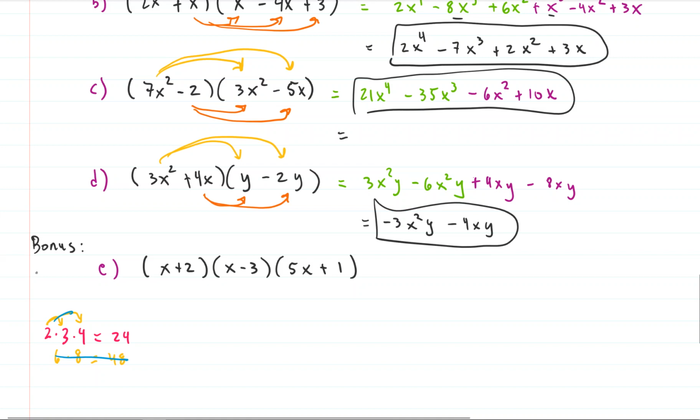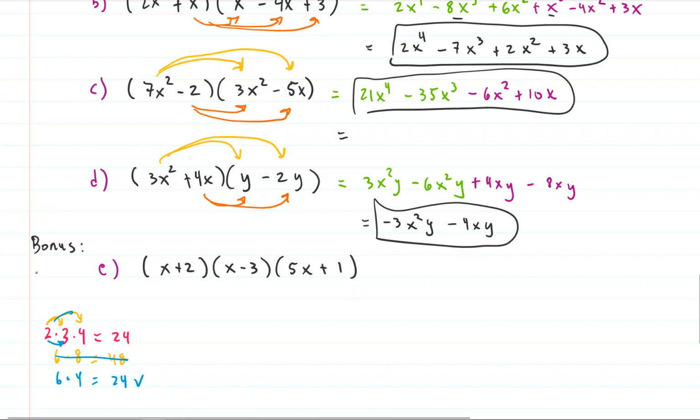What we did was we took 2 times 3 and we got 6. And then we took 6 and multiplied it by the 4, which is 24. So we took the first number and combined it with the second number by multiplication, and that gave us a new thing. And that new thing we took and multiplied by the last one.